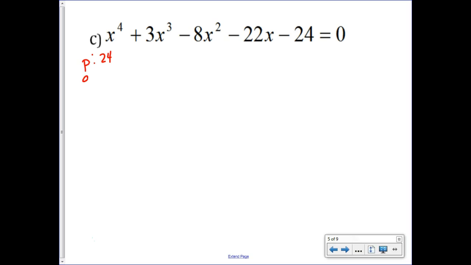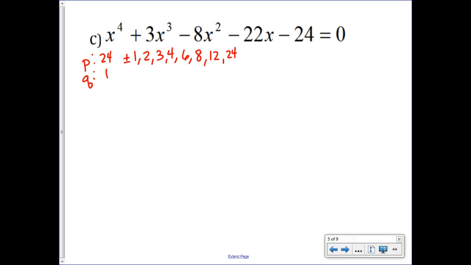My leading coefficient is 1, which is nice because that means we'll divide by 1, but that still means we have 1, 2, 3, 4, 6, 8, 12, and 24, and all of the positives and negatives of those. That's a lot of options.